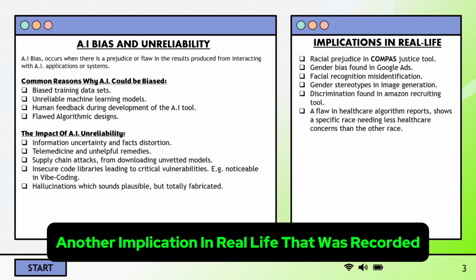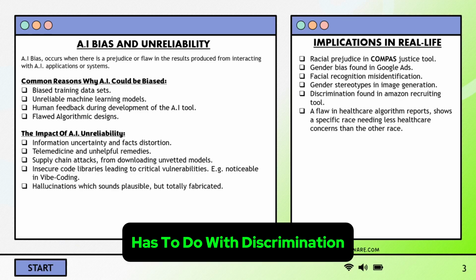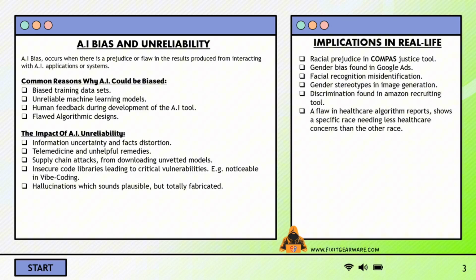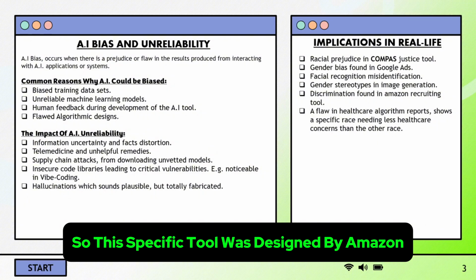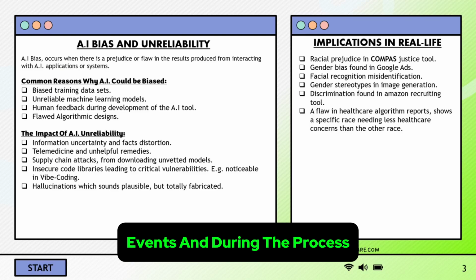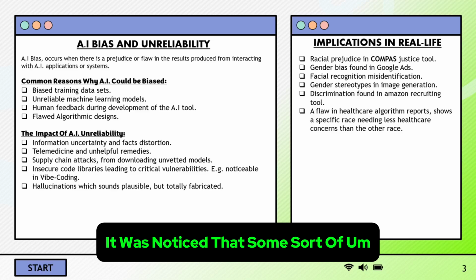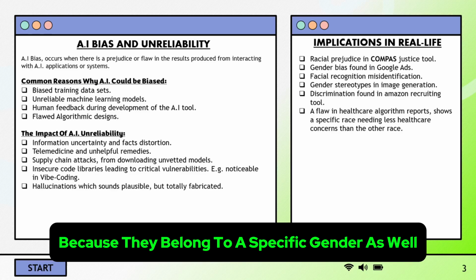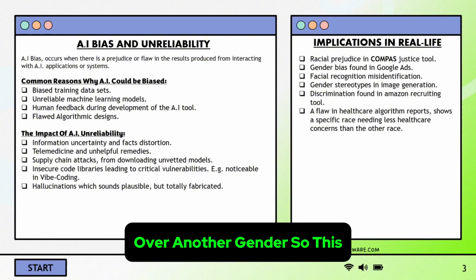Another implication in real life that was recorded has to do with discrimination found in the Amazon recruiting tool. This specific tool was designed by Amazon for their job recruiting events. During the process, it was noticed that some resumes were discarded because they belonged to a specific gender over another gender.